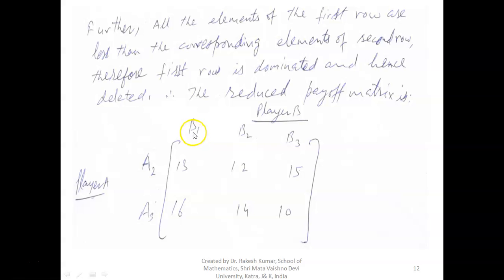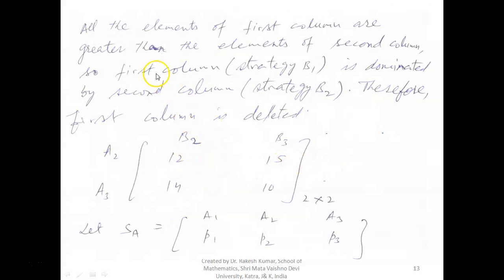This means that this strategy is leading to more loss to player B as compared to strategy B2, and hence it is dominated by B2. So we can remove strategy B1. I have written the same thing here, and thus we are left with a reduced matrix like this: A2, A3, B2, B3. Now this is 2x2.